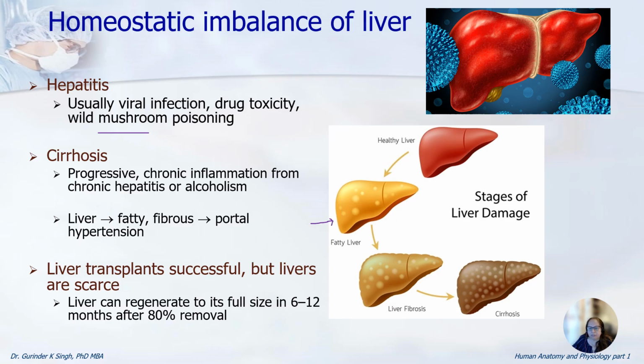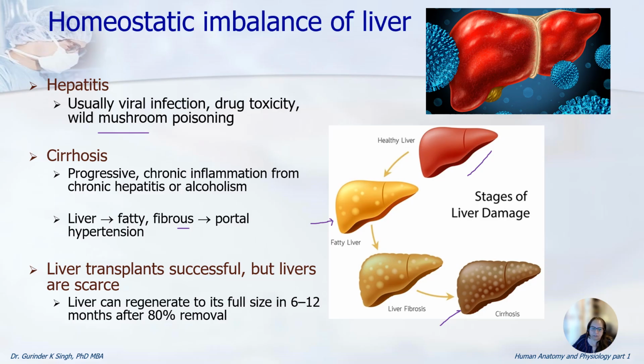This is the normal color of the healthy liver, which is more red, and it's quite soft. When it becomes fatty liver, it becomes harder and fibrous, and then it can increase what we call portal hypertension. Then the liver can become fibroid, or it can also have cirrhosis.